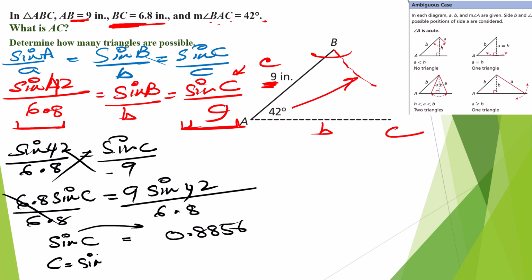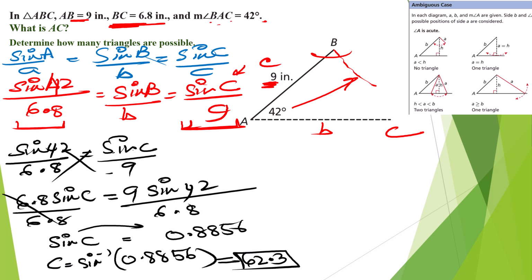So sine inverse 0.8856. Write in the calculator shift sine 0.8856, close the bracket, and we will get 62.3. So it's approximately equal to 62.3.